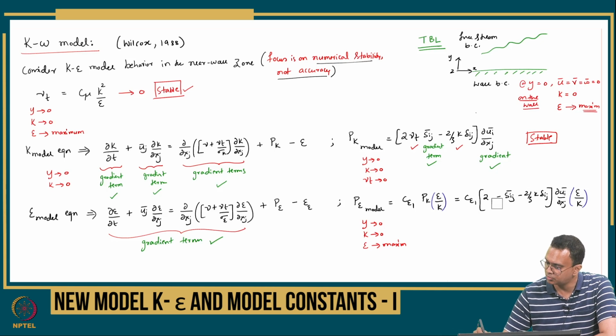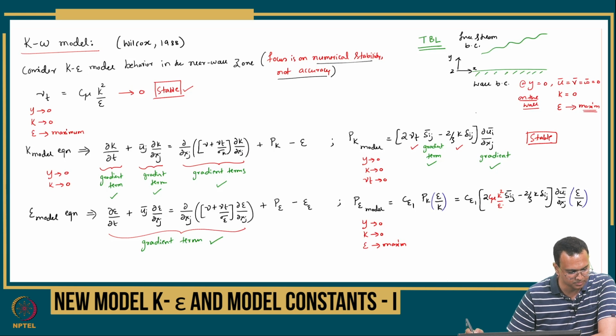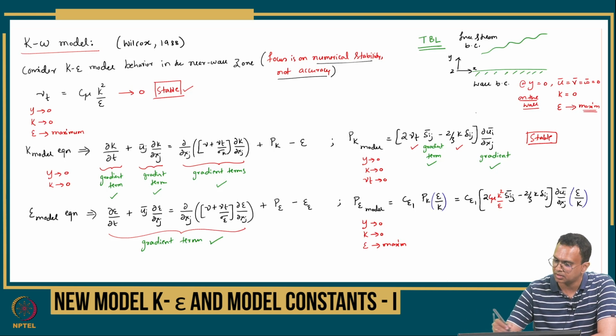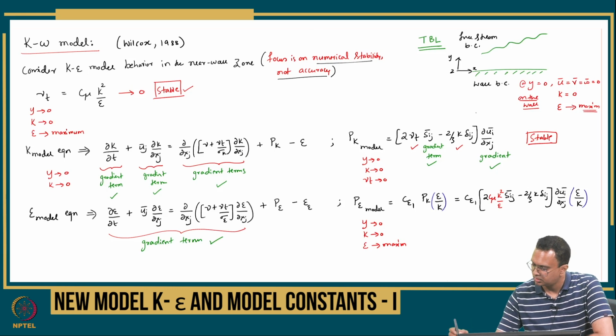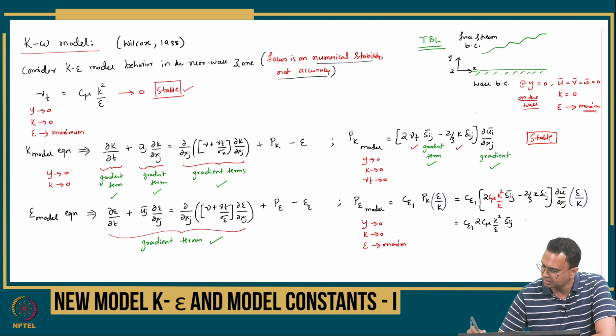So if I substitute that here, I get Cμ k² by ε. So the first term we take up, which is Cε1 2 Cμ k² by ε, S̄ij ∂ūi/∂xj followed by ε by k.